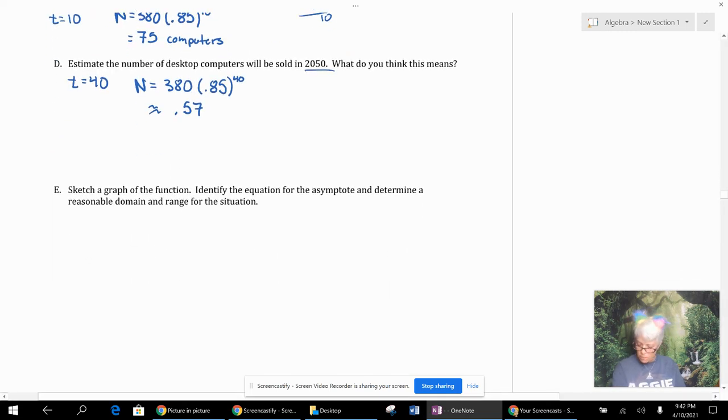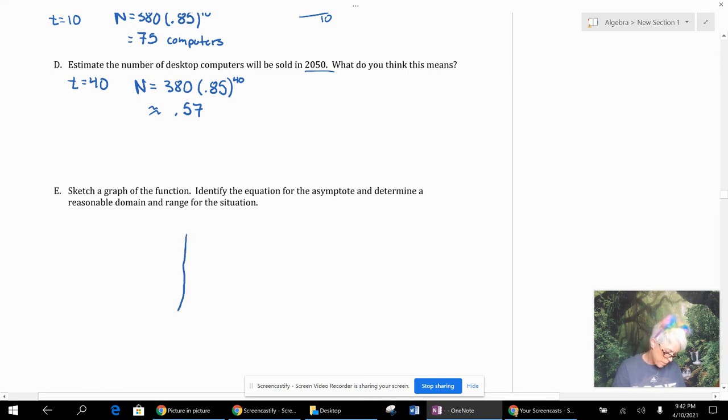All right, so if I was sketching it, on Desmos or your calculator you end up with a curve coming down like this. Right here would be 380, and it's coming on down. Here's my time, and this is my number of computers.